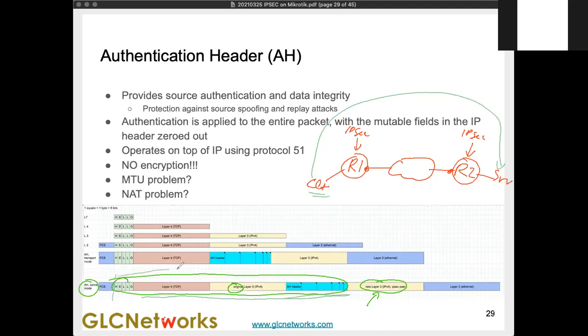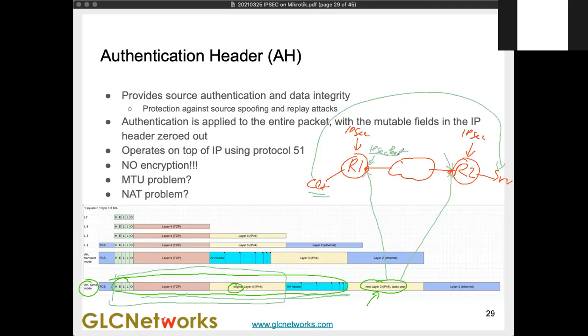This is the original packets. Add the header, and then add a new layer 3 header. This one belongs to this because we need to set up a peer of IPsec. So this IP and this IP will become an IPsec peer.